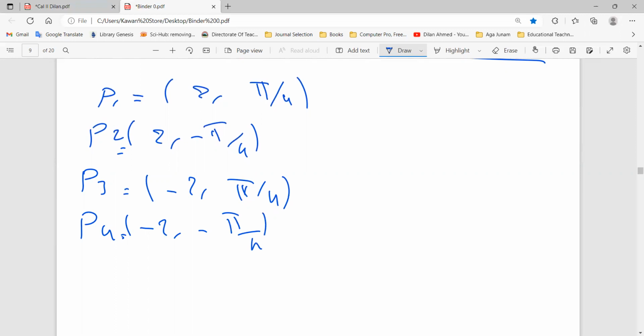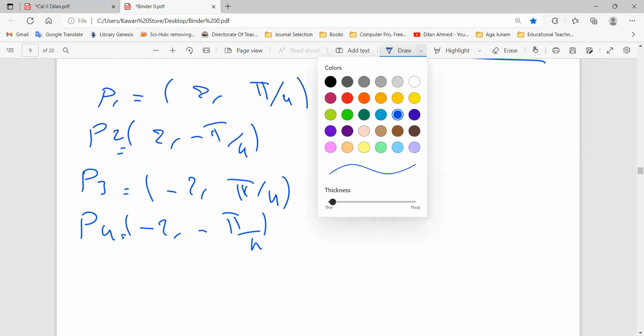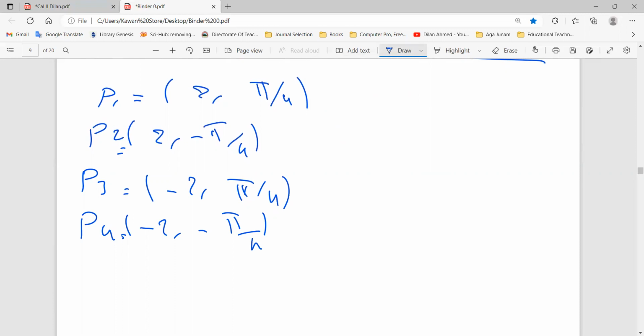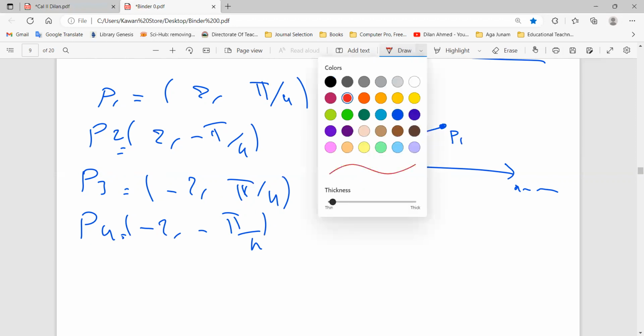MashaAllah, well done. It's working. Good. Yalla. This is the origin and this is the x-ray. So tell me about each point. Let the first one be for me. 1, 2. P1, right? Yalla. P2.